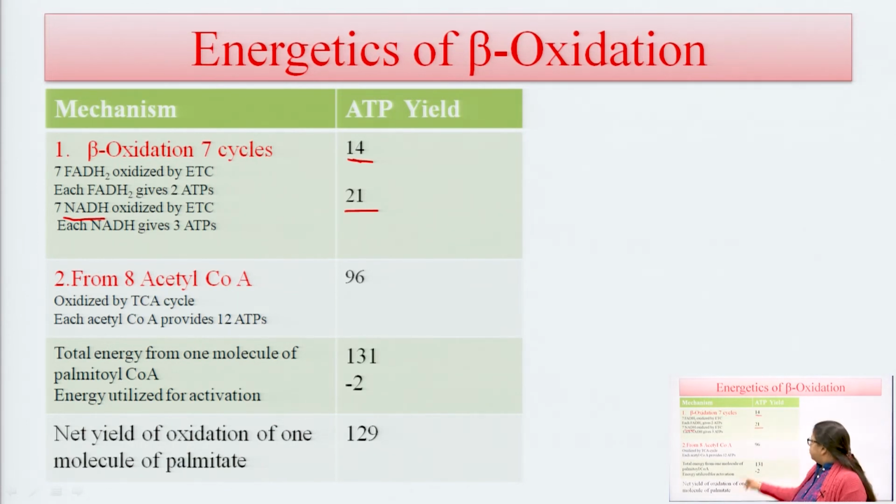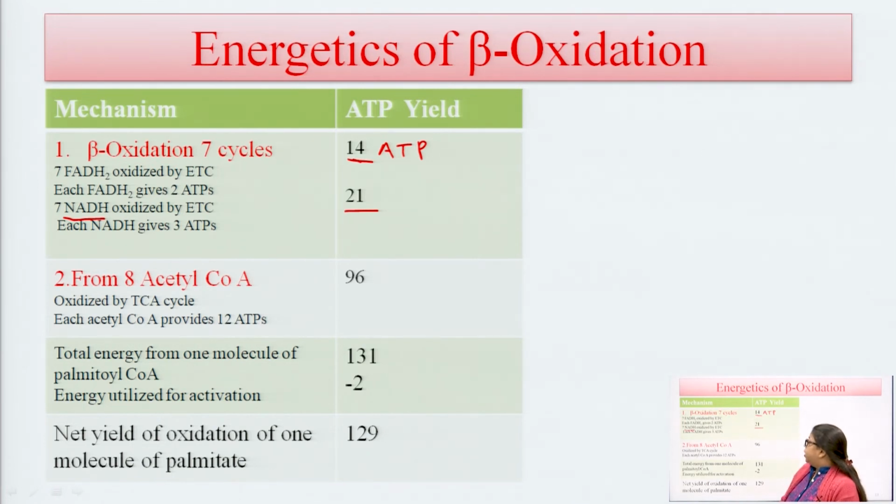There is formation of 14 ATP from 7 FADH2, and 21 ATP from 7 NADH. So there is a total formation of 35 ATP from beta oxidation proper. There is oxidation of palmitic acid in 7 repetitive reactions for the formation of these ATP.